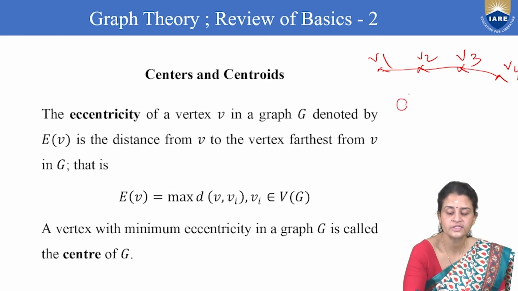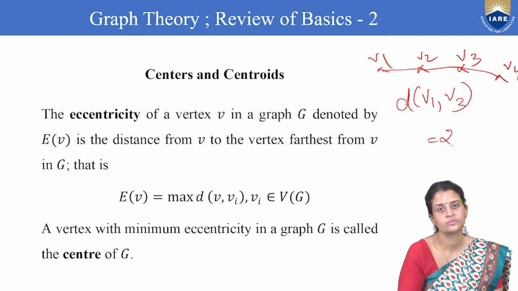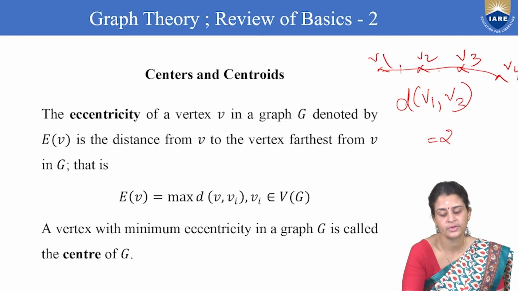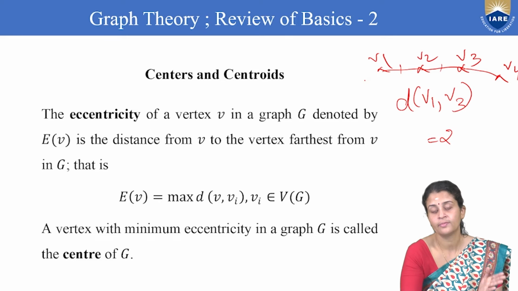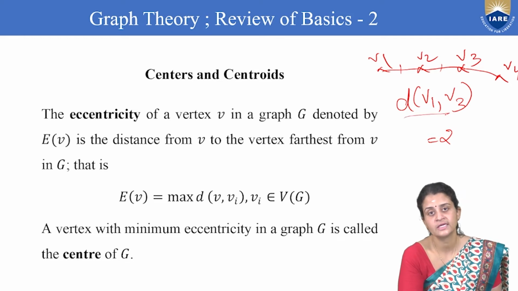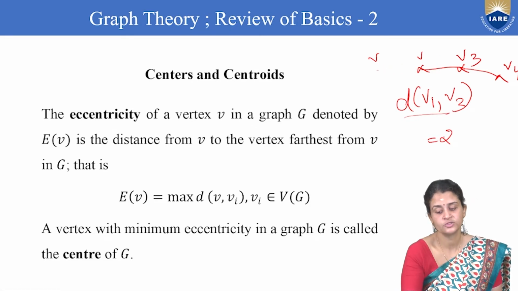The distance between V1 and V3 is 2. How? There are 2 edges in the path between these 2 vertices. So the distance between V1 and V3 is 2.